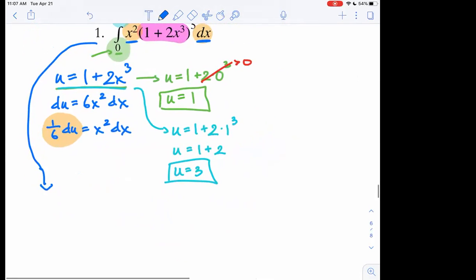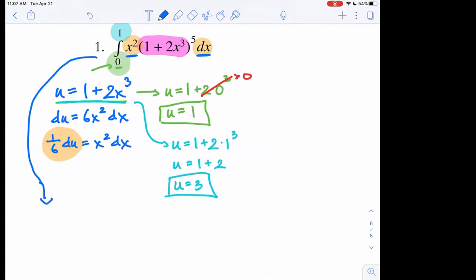All right, so let's substitute. I have the integral, not 0 on the bottom, but 1. Not 1 on the top, but 3. Then I have the pink, so U to the 5th, and the orange becomes 1/6 du.